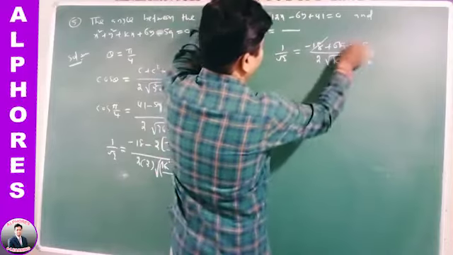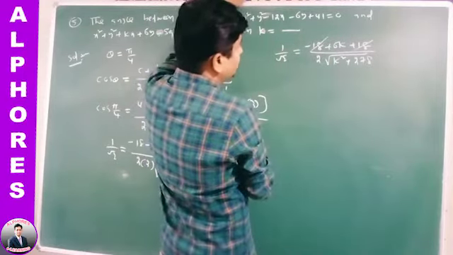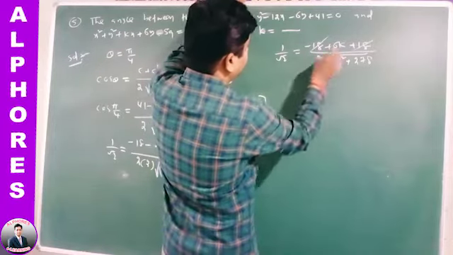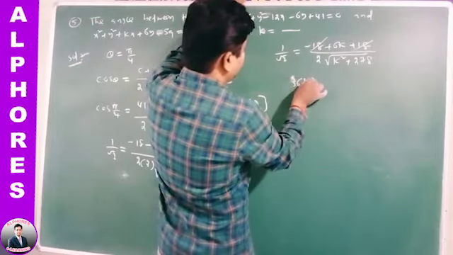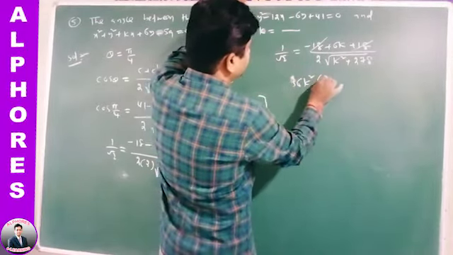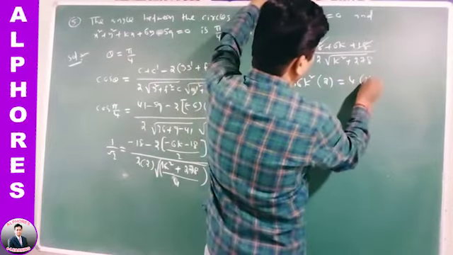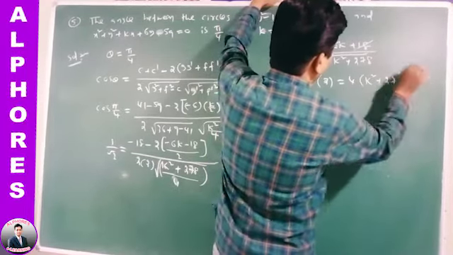Here 18 cancel. Next cross multiplying and squaring on both sides, then it is here 6k whole square, it is 36k square into root 2 whole square means 2. Next 4 into k square plus 278.